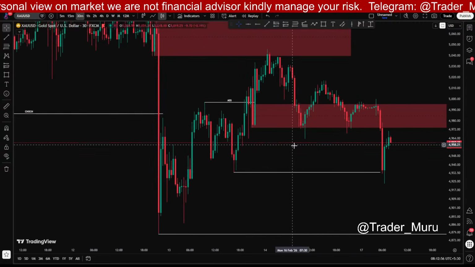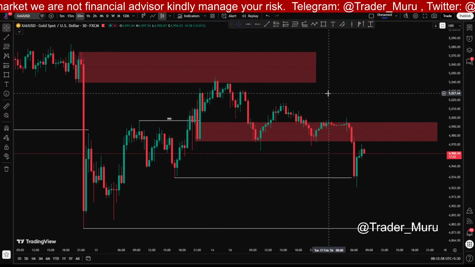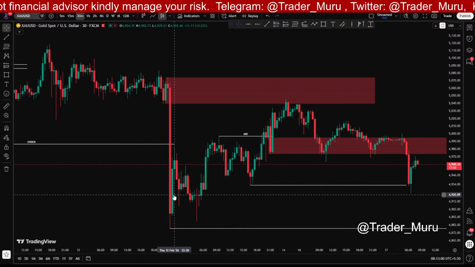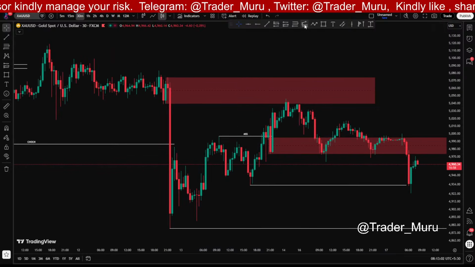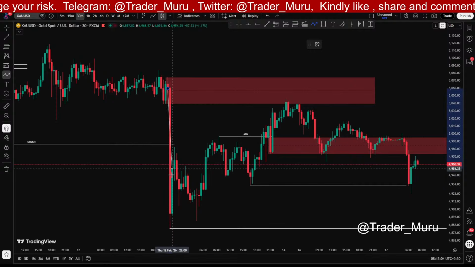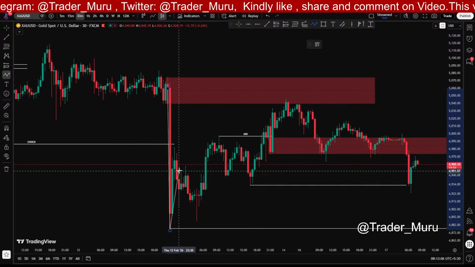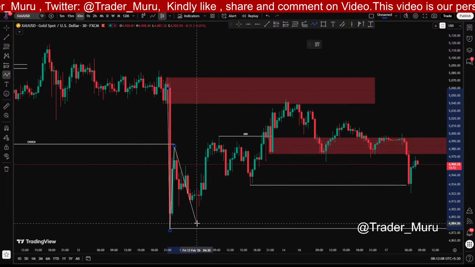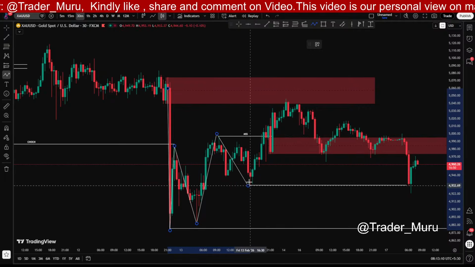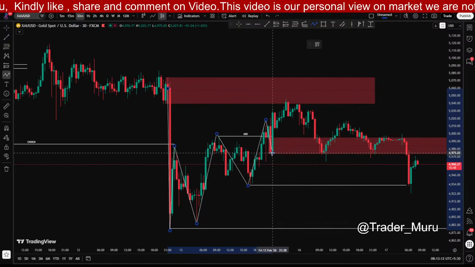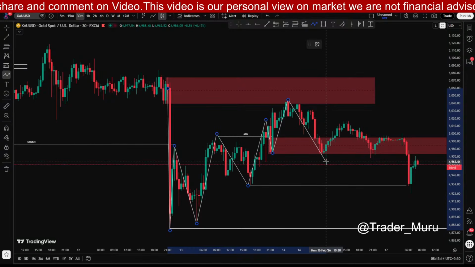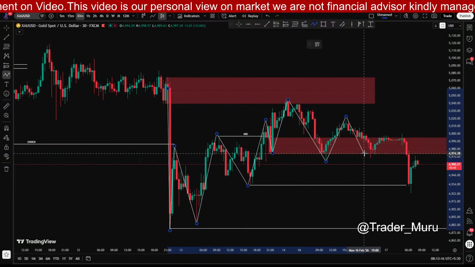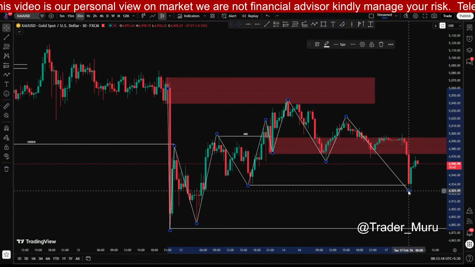If you look at this in the 30-minute time frame, price was running in an uptrend. Look at this. This is low, high, higher low, higher high, higher low, again a higher high, higher low, higher high, then lower low, lower high, and again a new lower low is formed.